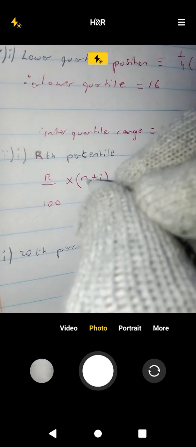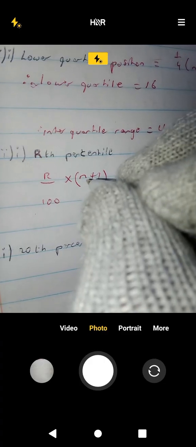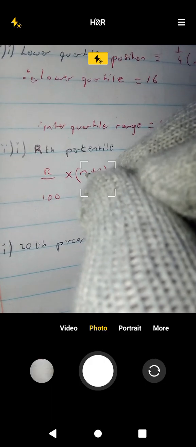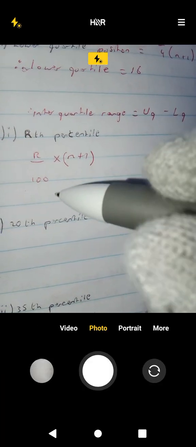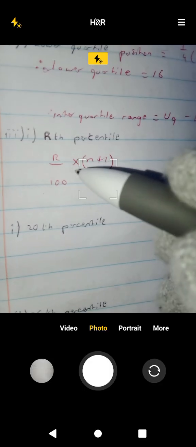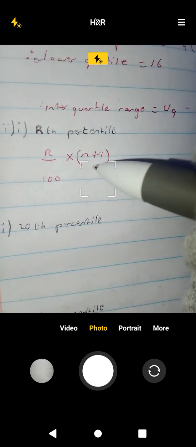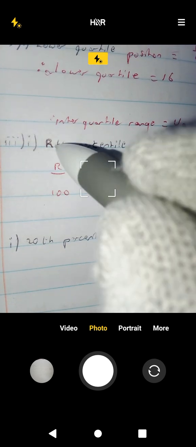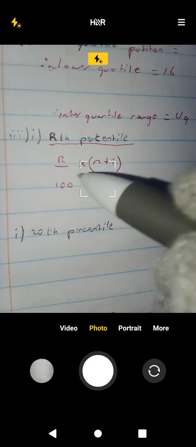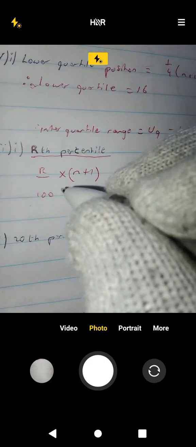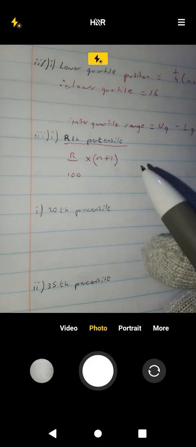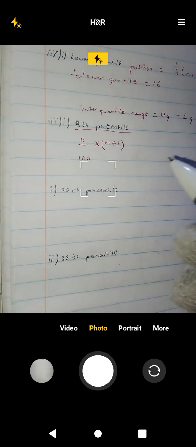You notice every time we multiply by n plus 1, and n is the sum of the frequency. Do remember that. The rth percentile is r over 100 times n plus 1. So this shall be our formula for the rth percentile.